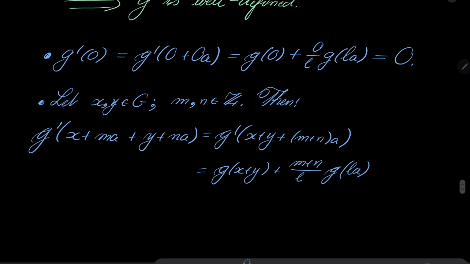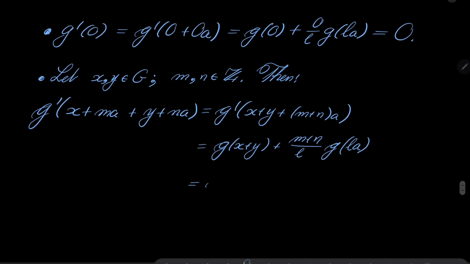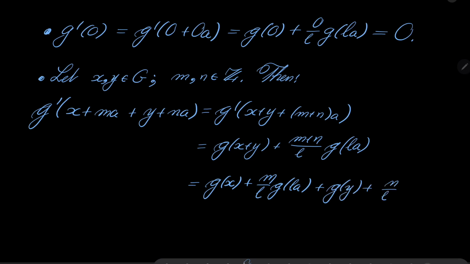All right. But now g is a homomorphism, so it's g of x plus m over l g of la. Then I can write g of y plus n over l g of la.